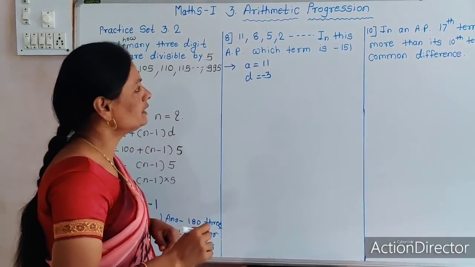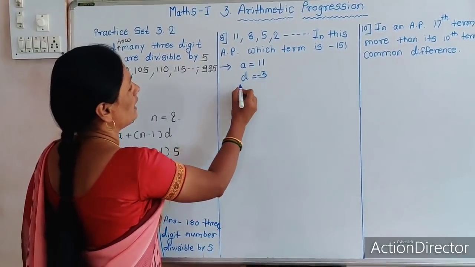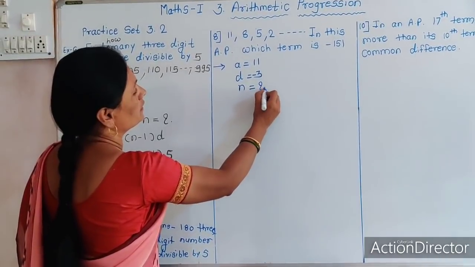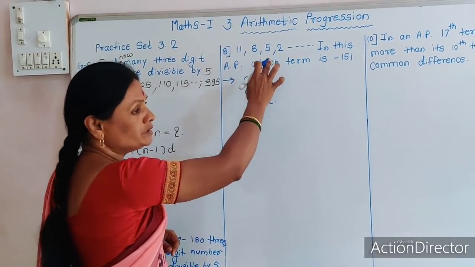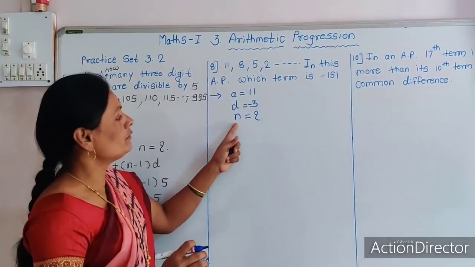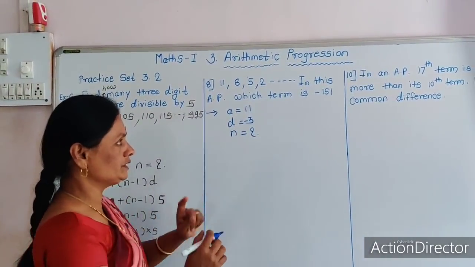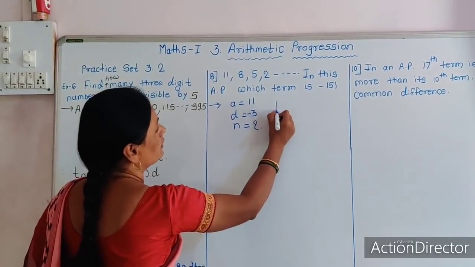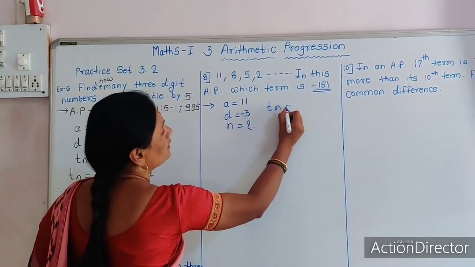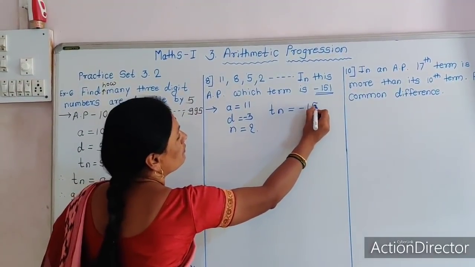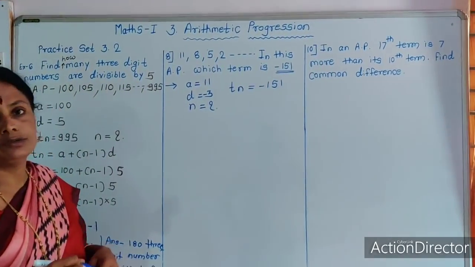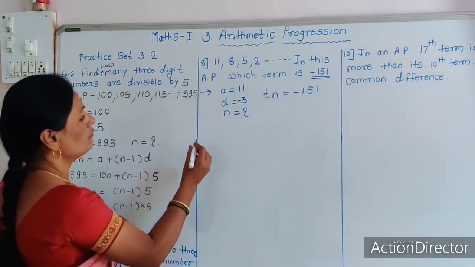We have to calculate n, which term. Therefore, the value of n is a question mark, and here this value is the value of Tn. Tn is equal to minus 151.